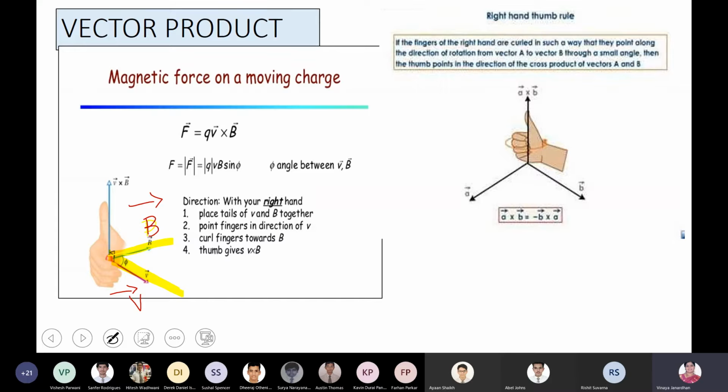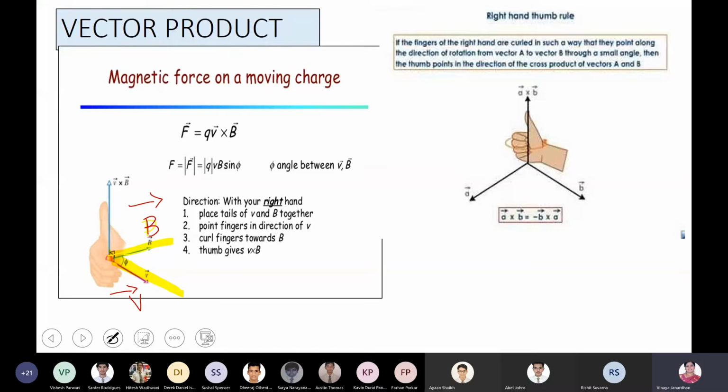Now look at this. A charged particle is entering along the direction V vector in a magnetic field B vector. Now it will experience a force. Whenever a charged particle enters a magnetic field, it will experience a force. Now what will be the direction of the force? How do we find the direction of the force, provided B vector and V vector are lying along a plane?